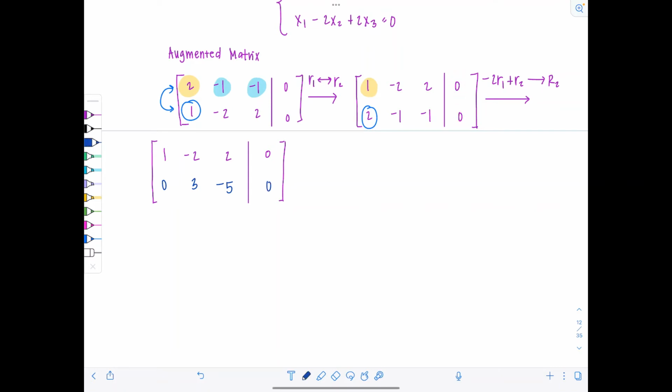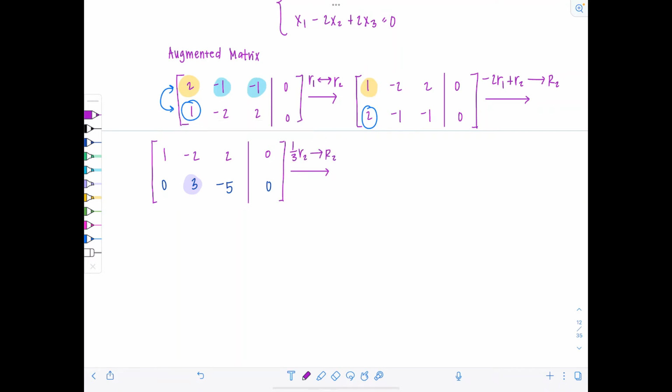Great. Okay, next we need to make our pivot in column 2, which is right here, so that 3 needs to be a 1. I'm so sorry, there's nothing to do besides divide by 3 this time, so we'll suck it up and introduce some fractions. It's okay. So 1/3 times row 2 is my new row 2.